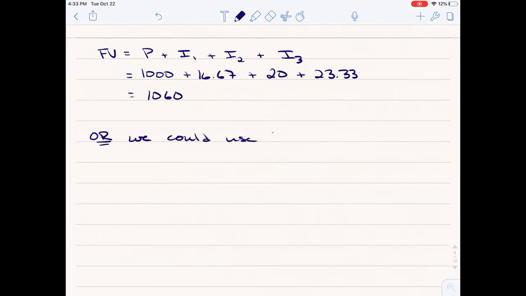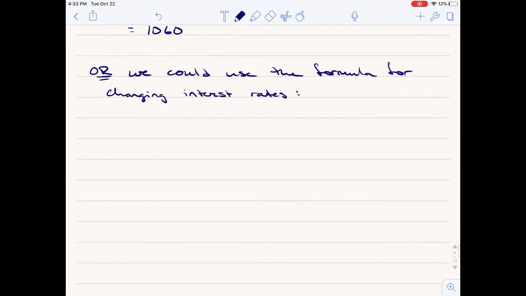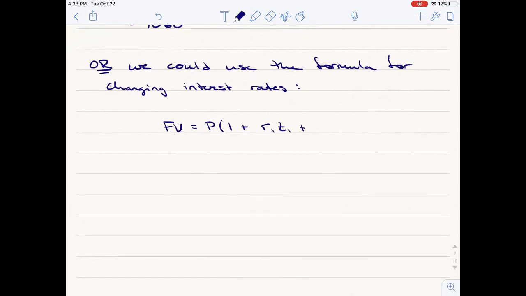Or we could use the formula for changing interest rates, which is the future value. It's going to have the same shape as the regular future value, P times 1 plus RT, but we've got P times 1 plus R1 T1 plus R2 T2 plus, all the way up to making room for M rate changes.